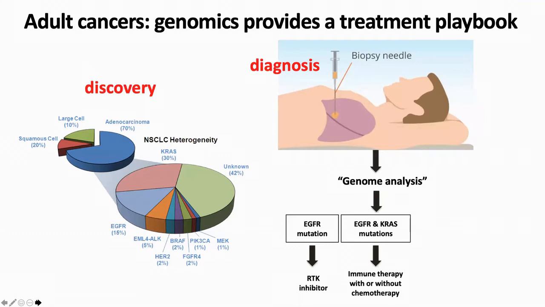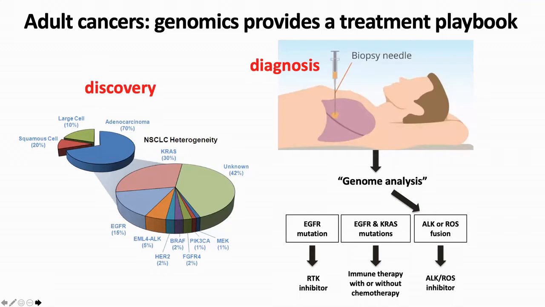If EGFR and KRAS mutations are found together, this is typically now going to immune therapy with or without associated chemotherapy treatment. And in the case of these fusion drivers, such as ALK and ROS fusions, there are numerous inhibitors, again, of these particular drivers.